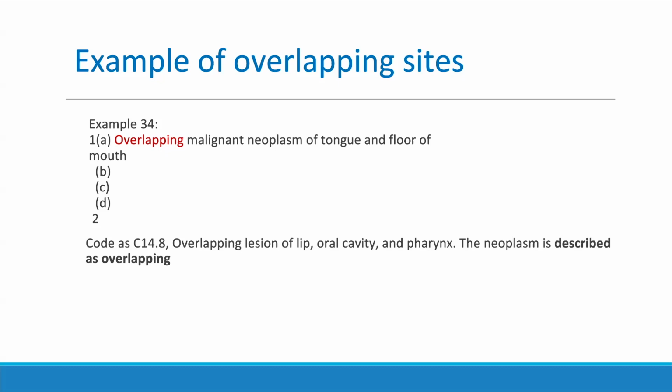The neoplasm is explicitly described as overlapping, which means it involves multiple adjacent areas or overlaps contiguous sites. The slide explains that such a neoplasm should be coded in the .8 subcategory, that is C14.8.